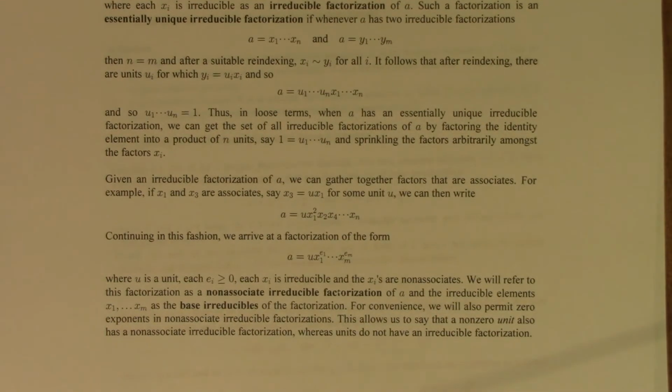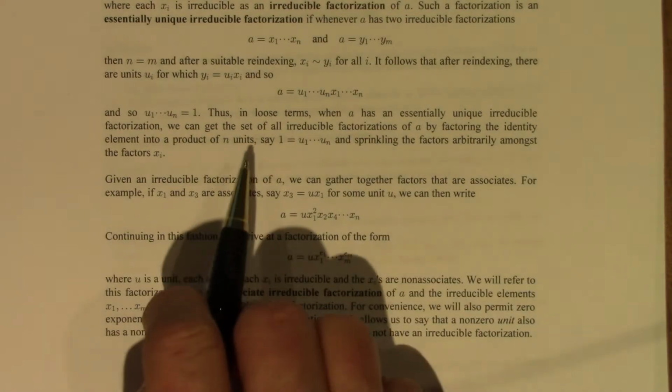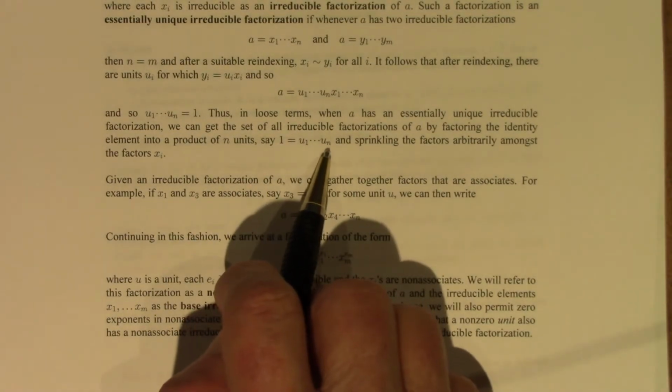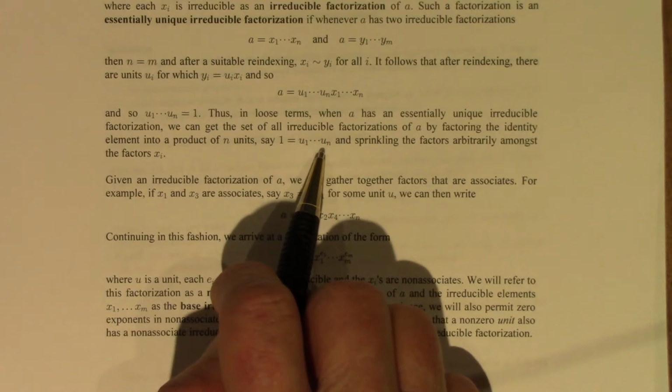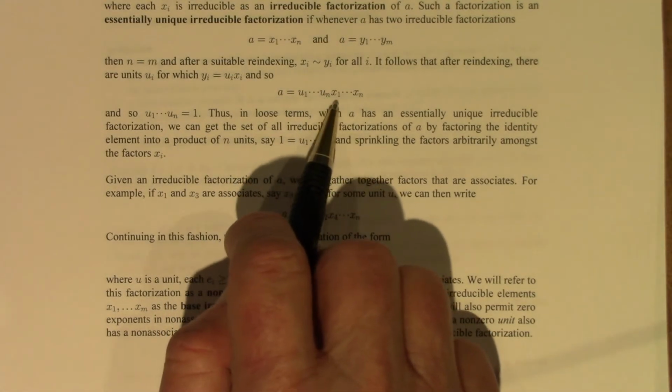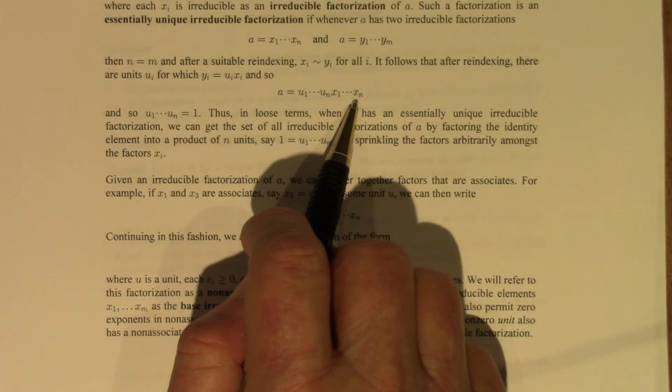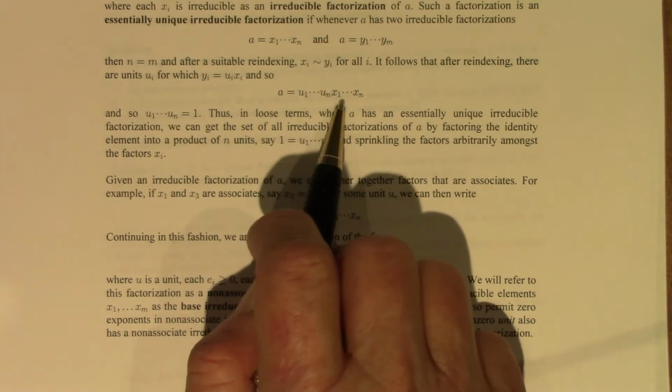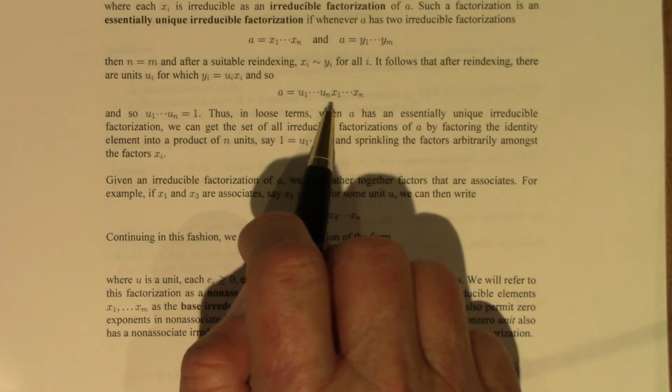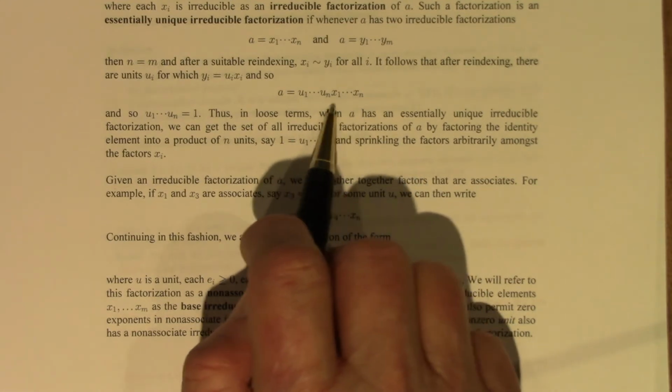So we can say all this in more informal terms as follows. When A has an essentially unique irreducible factorization, we can get all of the irreducible factorizations of A by factoring the identity element into a product of units, and then just sprinkling those units among the x1 through xn. And we'll get associates, a product of elements that are associates of x1 through xn.